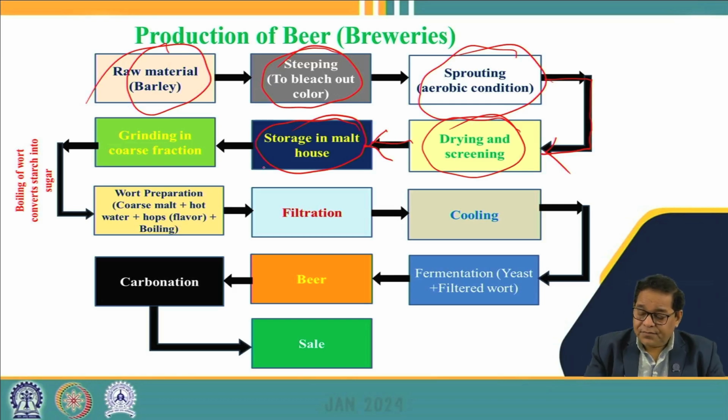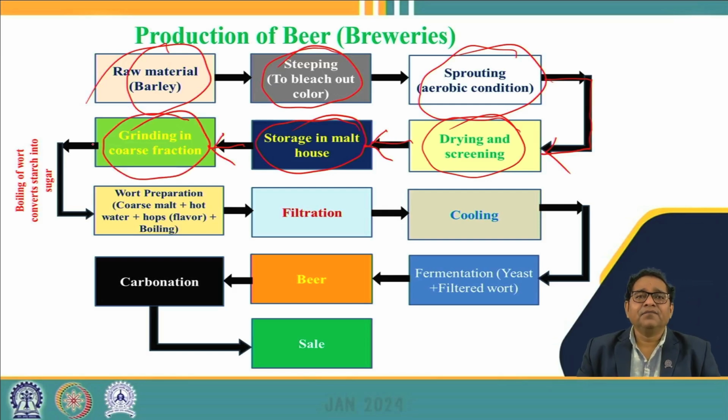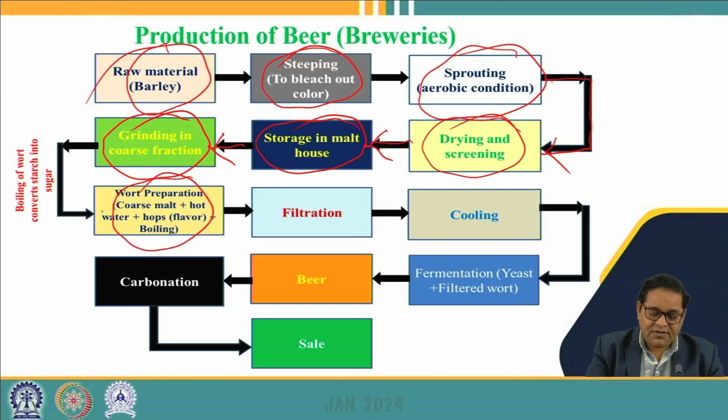The sprouts are then taken for grinding. During grinding, the sprouts are converted into a coarser fraction, and the next process is preparing the wort, which is carried out in this section.